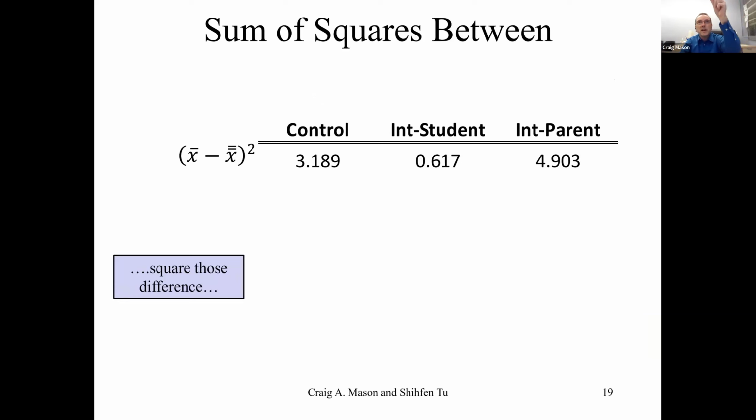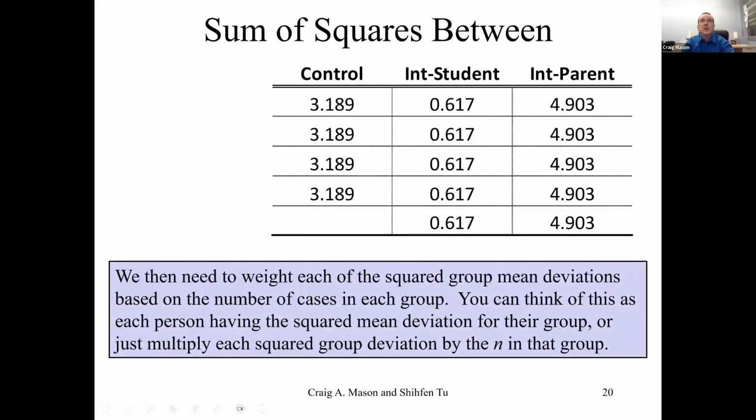You have to take the 0.617, and it's for every person in the student intervention group, and the 4.903 is for every student in the parent intervention. So it looks like this. This is what you're adding up.